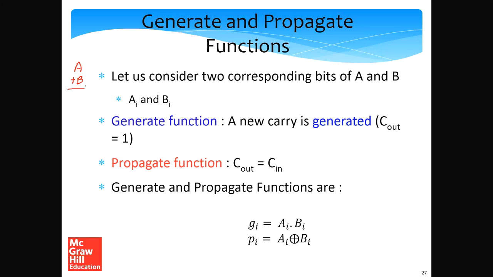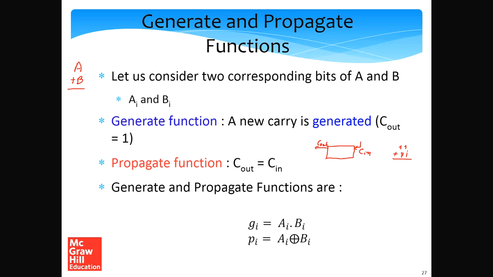On similar lines, let us define a propagate function. Basically, if I consider a block of bits, irrespective of the input carry, if we are generating an output carry, we say that the block is generating a carry. For example, let me consider this block 1 1 plus 1 1. If irrespective of the input carry, we will always generate an output carry.